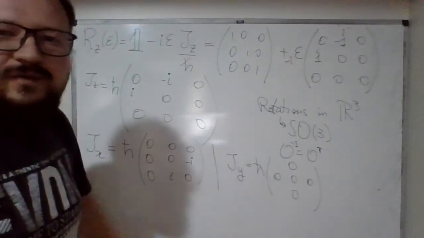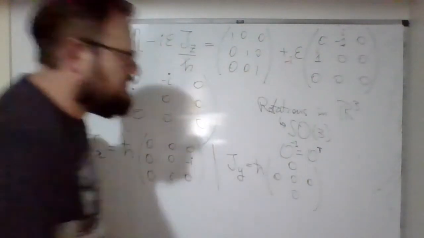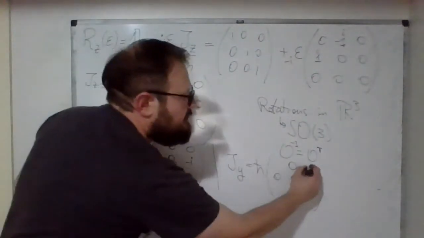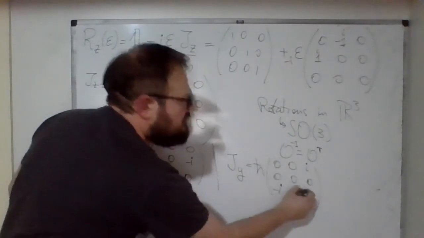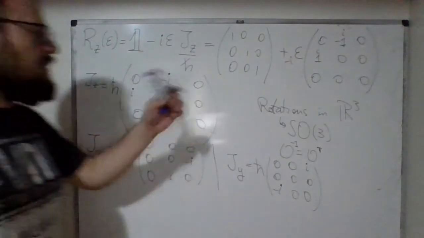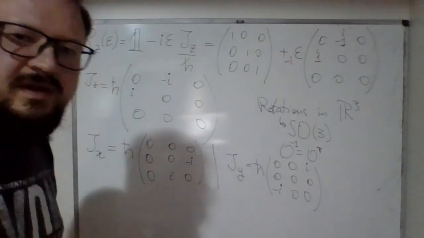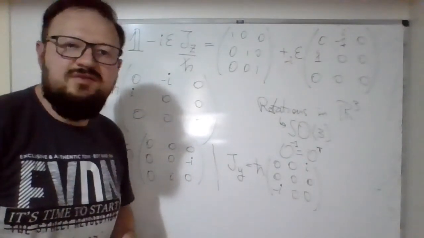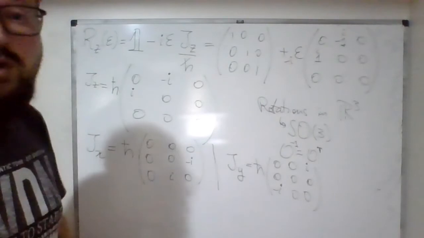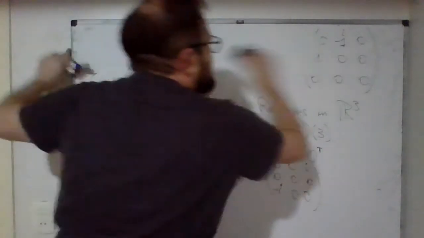You just put in zeros. And you'll find out the imaginary unit here, minus the imaginary unit here, and zeros in the diagonal. They are all traceless matrices. All right, this is a property of angular momentum. The generators are traceless matrices. It's a constraint of it.